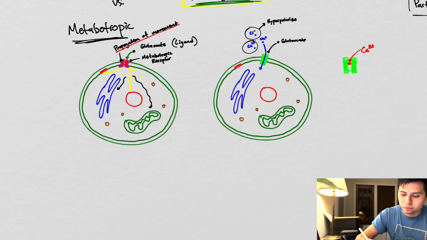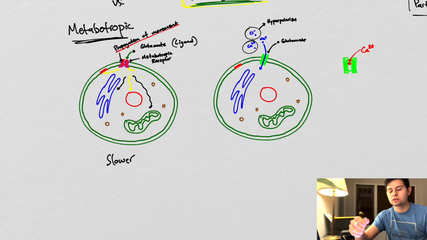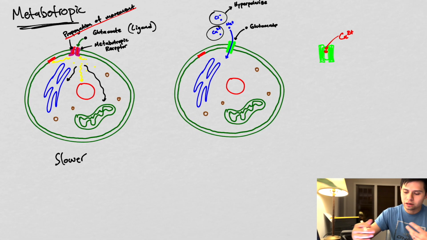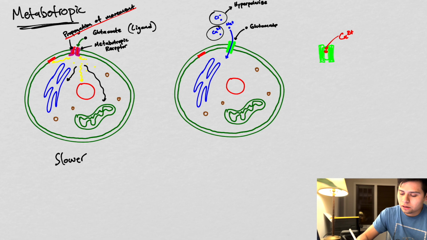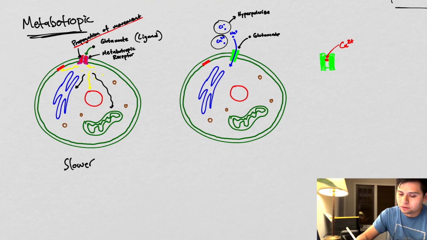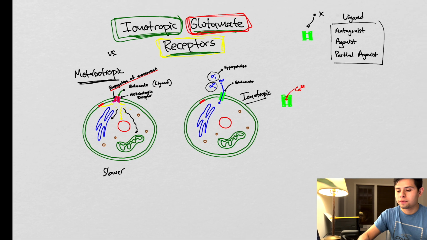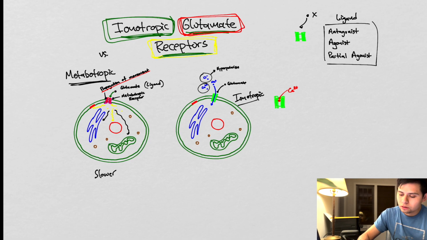Metabotropic is slower, tend to be. In some cases, it could be really fast, but on average, metabotropic receptors tend to act slower than ionotropic, right? So this is the ionotropic type, and these tend to be faster, right?